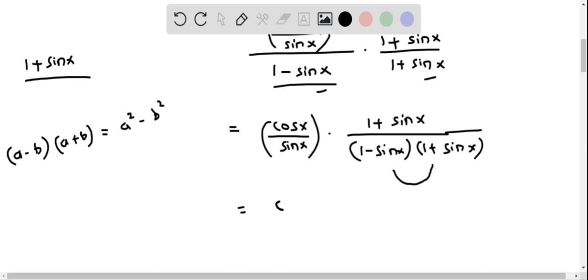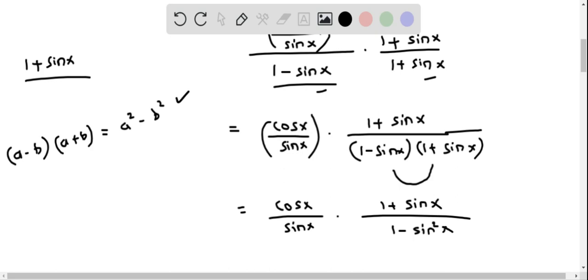So let me first write the first expression, that is cosine x divided by sine x, multiplied with 1 plus sine x over 1 minus sine squared x. When we use this difference of squares formula, a is 1 and sine x is the b. So it will become 1 squared minus sine squared x, which equals 1 minus sine squared x.